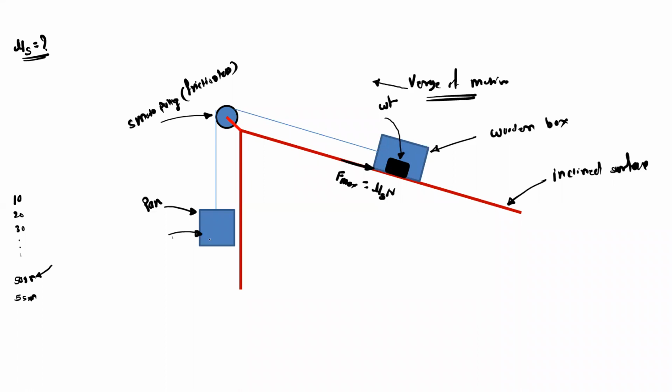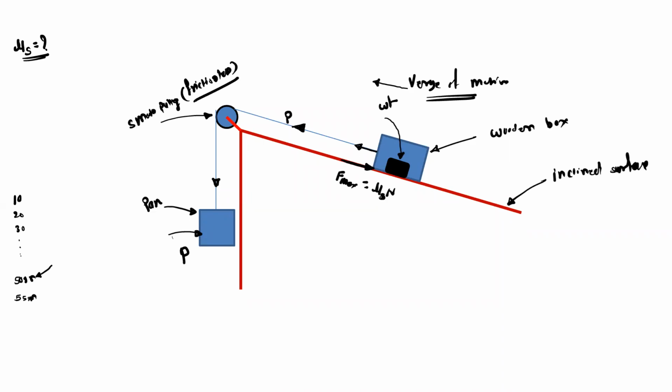This weight in the pan will create the pull force, which is P. We will consider this total force as P, and its direction will be like this. The same force will be transmitted on the other side of the pulley as the pulley is frictionless. So this is the P force, and it will act at this point.